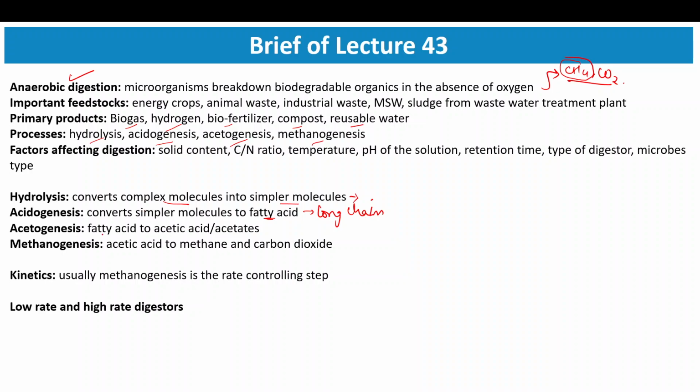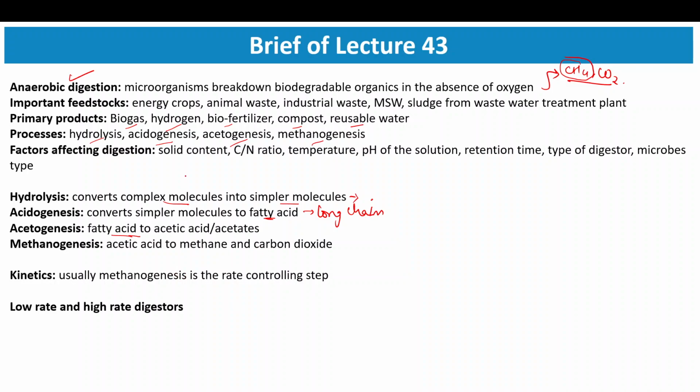Further, acetogenesis converts these fatty acids into acetic acid, hydrogen, or acetates. And lastly, this acetic acid or acetates are converted finally to methane and carbon dioxide. Now they are recovered and can be used for any application or for generation of electricity as a fuel.